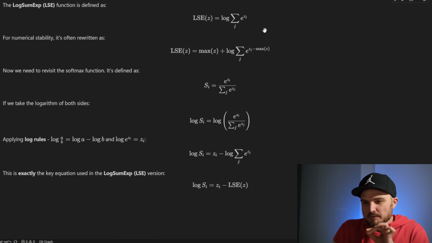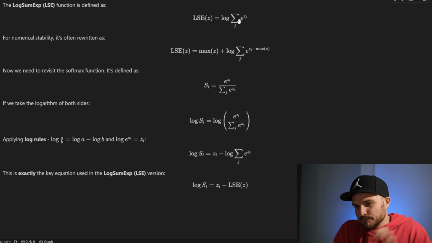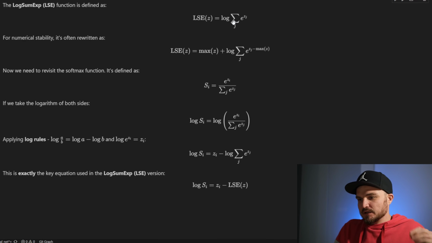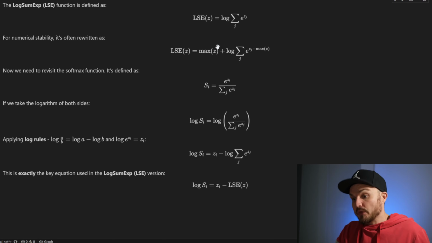The log-sum-exp function is defined as you can see on the screen. We compute the exponent of every term inside z, sum them up, and compute the log of this sum of the exponents. And this function is called log-sum-exp. For numerical stability, it can be defined like this.